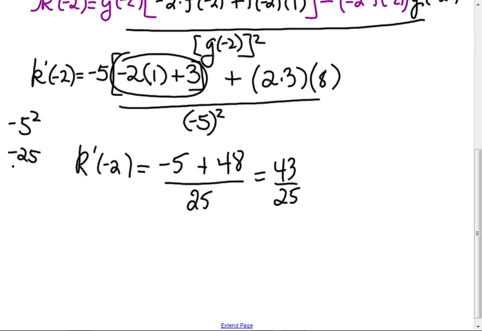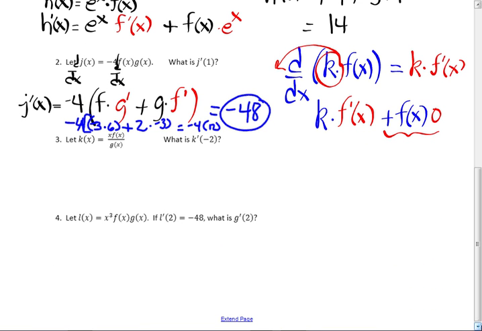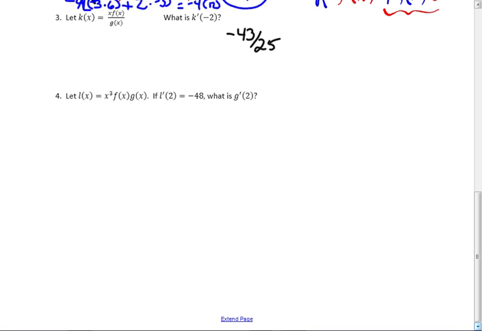Okay, we ready for the last one? Now, the last one bothered everybody because, just guess what? We have 3 functions multiplied together. Was it negative 43 over 25? Okay. So is that positive? Okay. Now, I don't care how we group it. We may want to group it a little differently than the other class so they have 2 different solutions, but they're both the same.